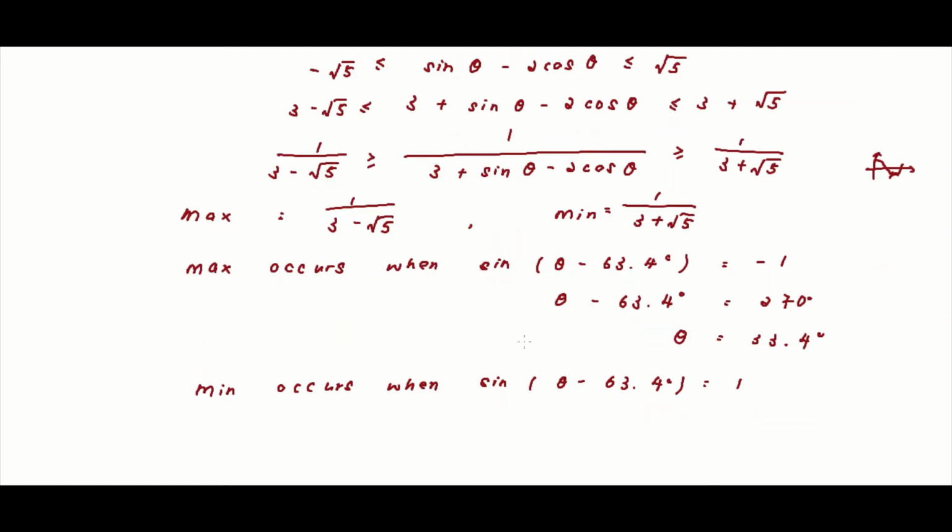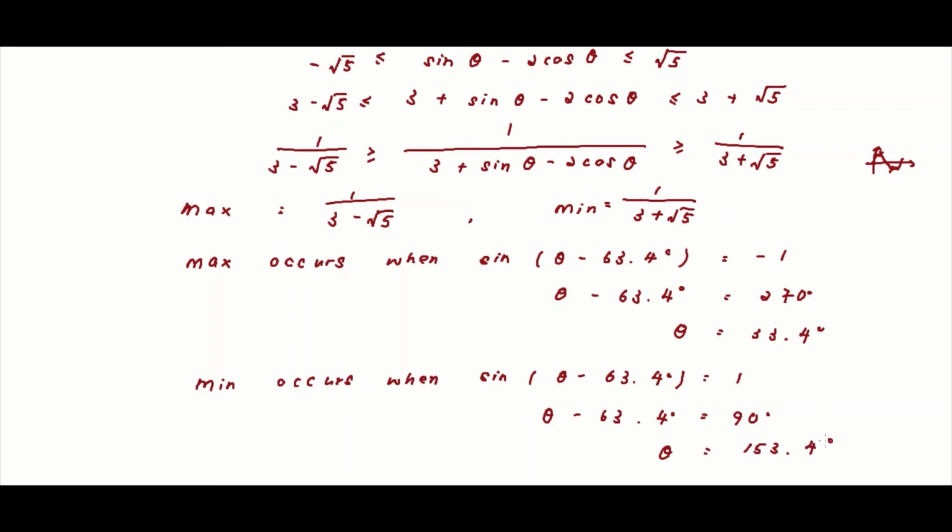So when it equals 1, it will be at the top there, so the minimum graph. So that's why theta minus 63.4 should give you 90. Okay, so theta equals 153.4. Alright, so now you can write down your last answer.